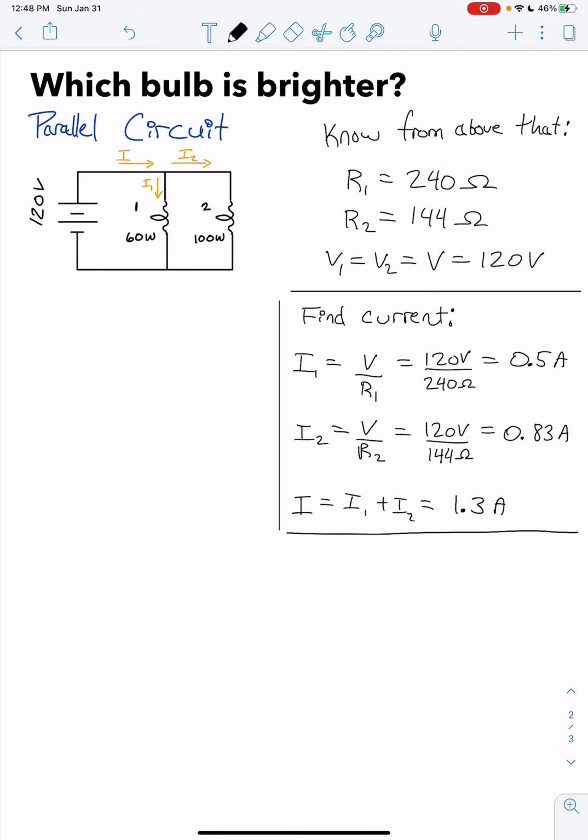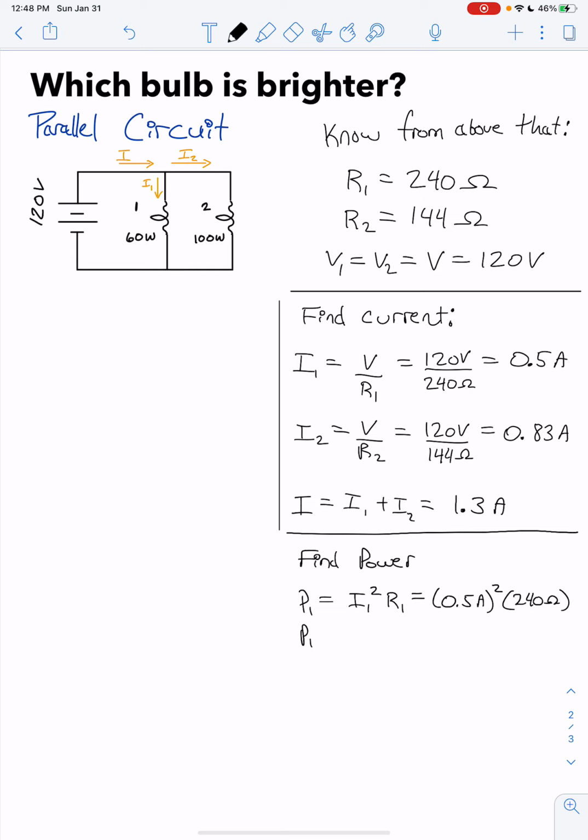So from there, we could go on and find the power. That's enough information to find the power. So we'll go power through 1 is equal to I1 squared R1, or 0.5 amps squared times 240 ohms.